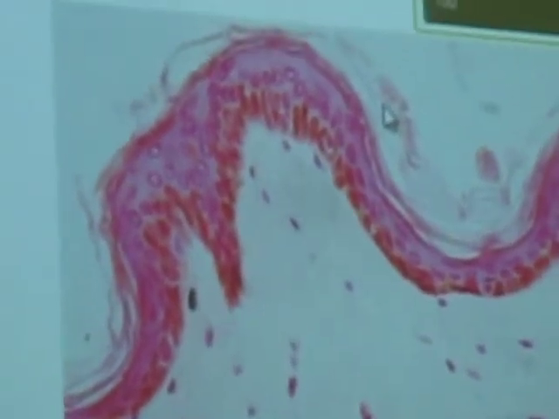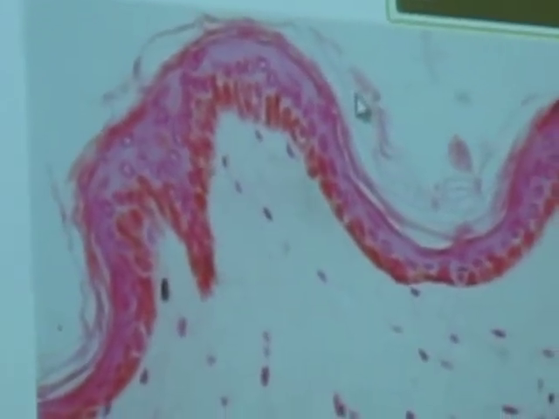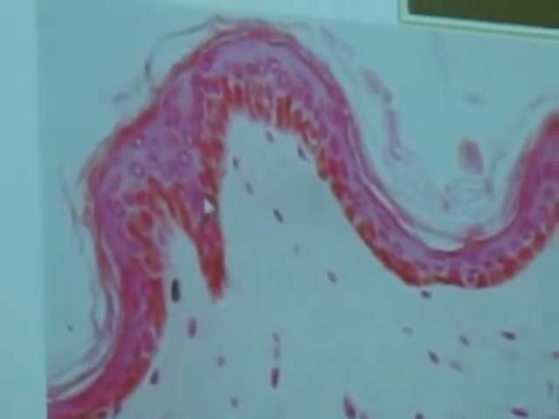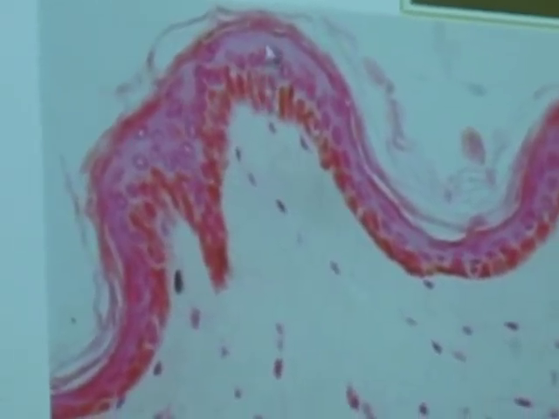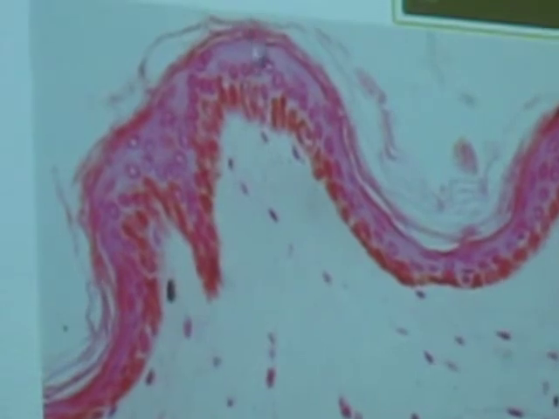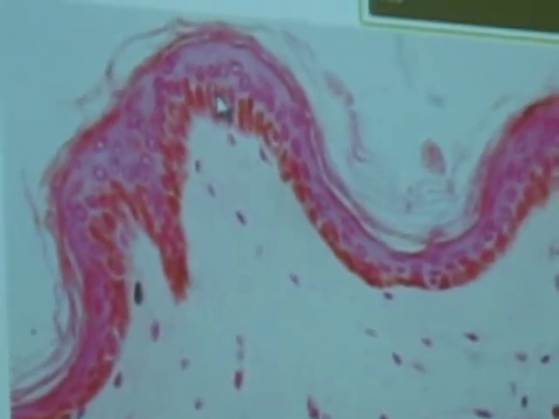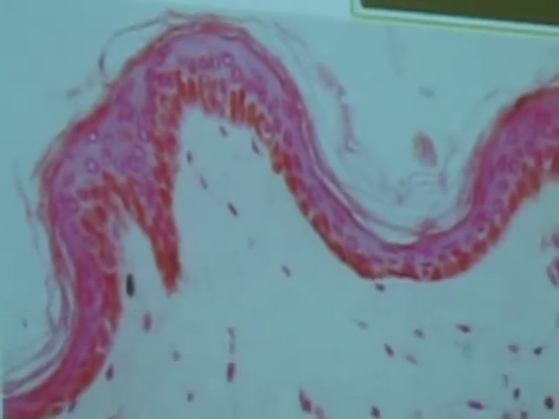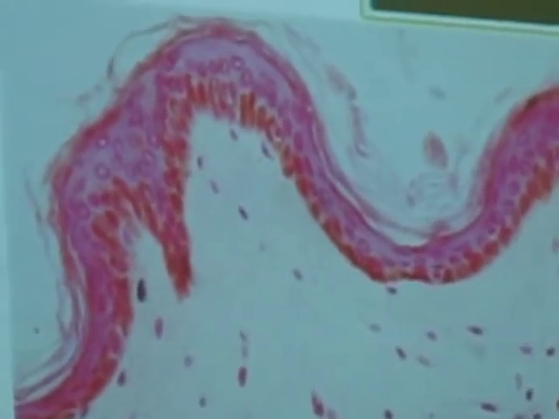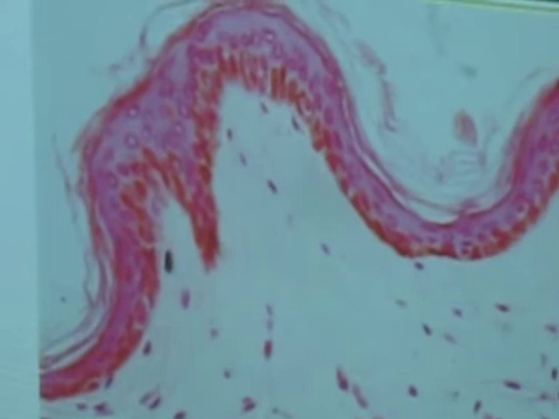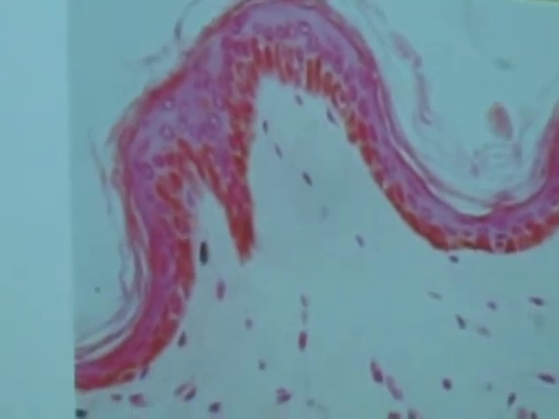Stratified squamous keratinized epithelium or dry type.